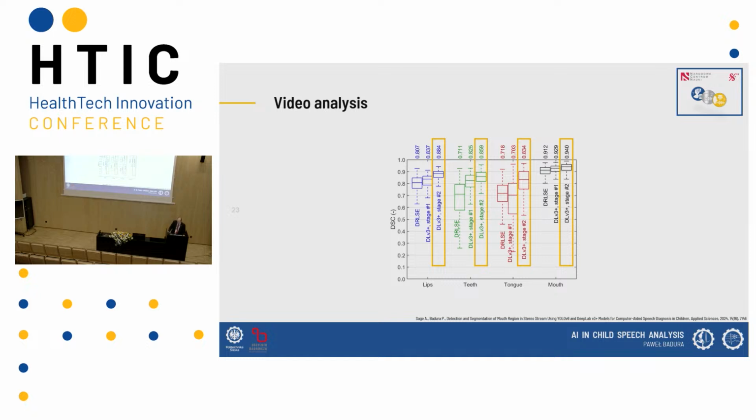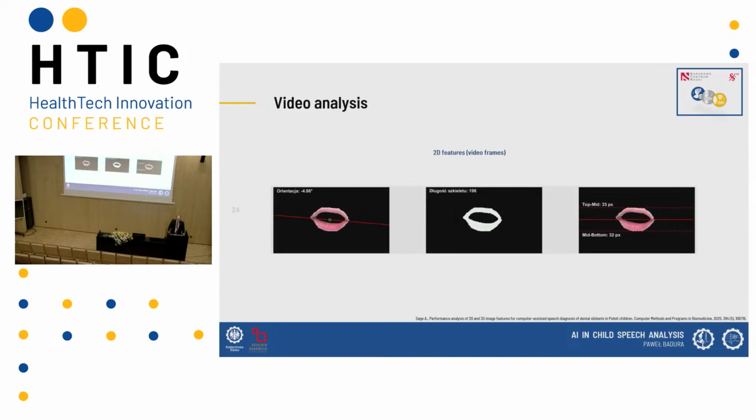All right, we had it, and then it was used to extract a lot of features, 2D shape features and textural features, which then could be compared and crossed with all the other data available in the database.